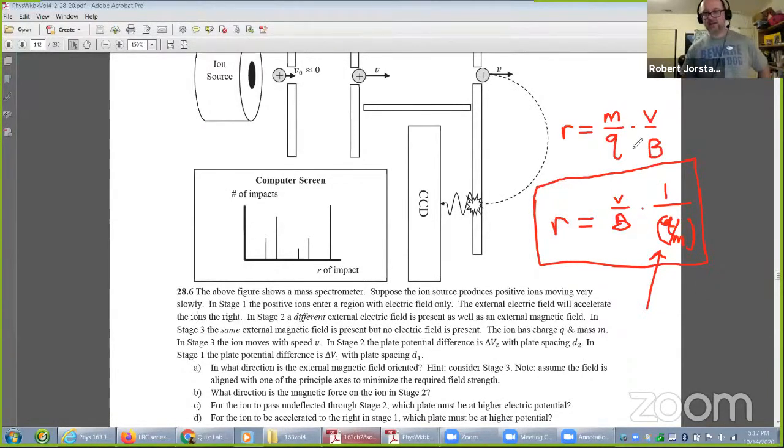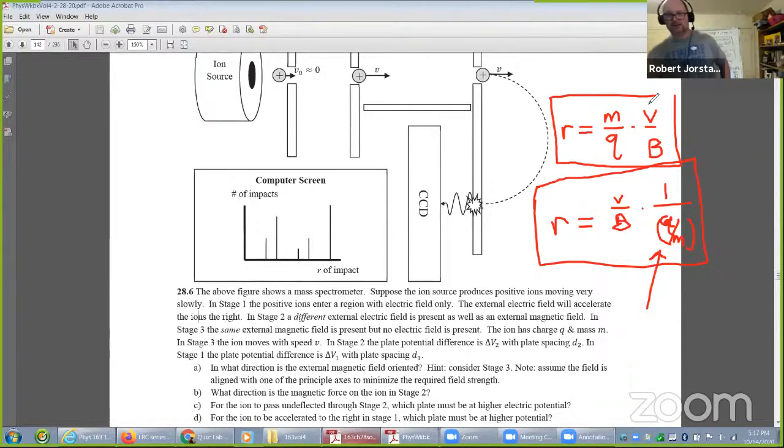If you're a chemist, you usually use the upper one where you talk about the mass to charge ratio. So go figure. Physicists make it a little harder than it needs to be, right? Typical.